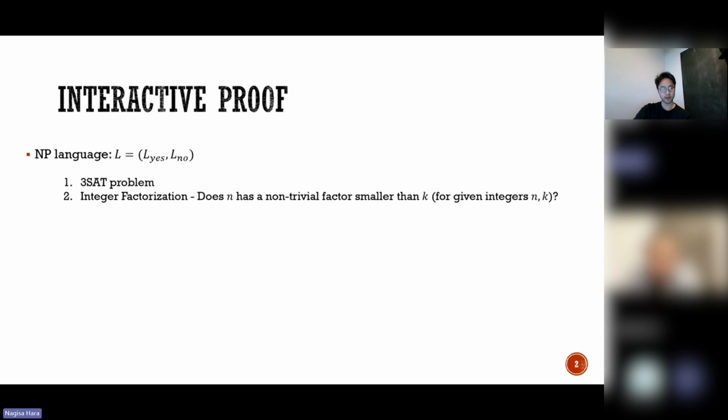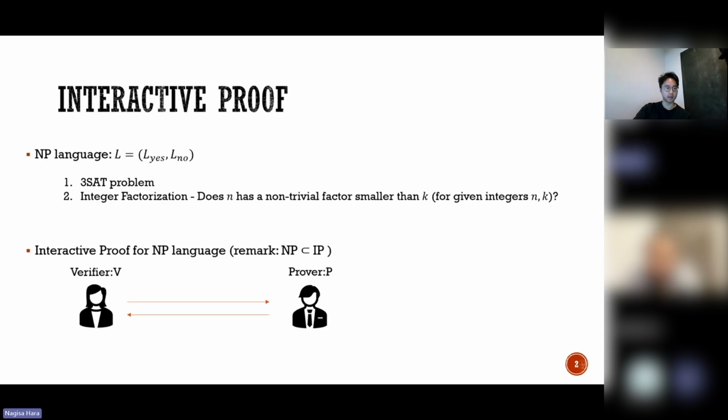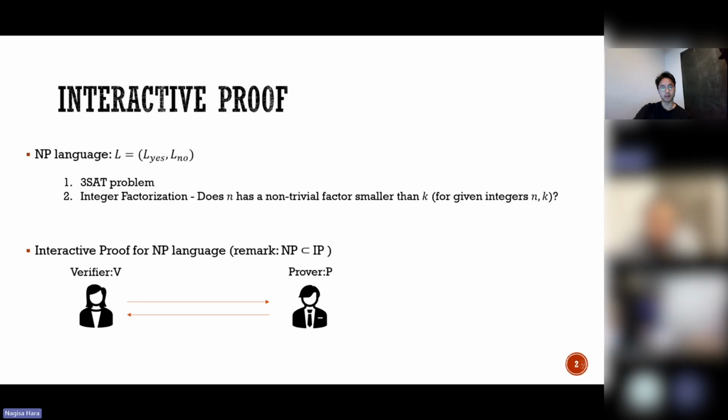And then if you have the NP language, you can also consider the interactive proof system for such an NP language. In this example, basically the verifier is a weak computation, but you ask some prover to perform certain computation. And then in the interactive proof system, you usually consider completeness.